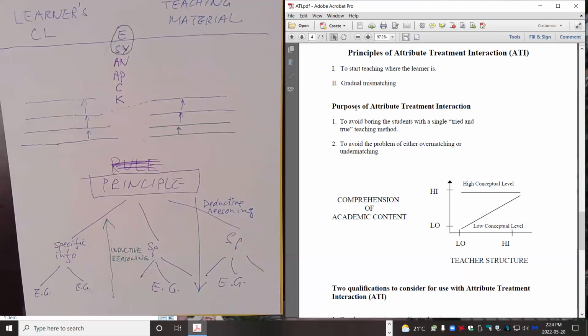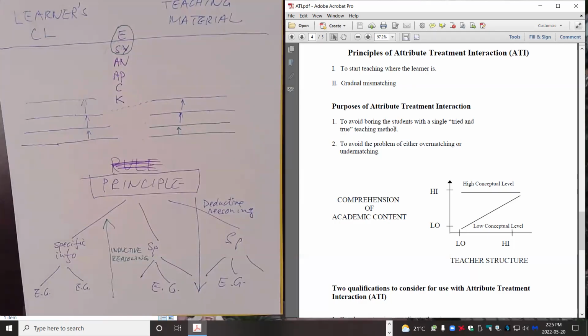Now, take a look at the purposes of ATI. To avoid what? To avoid boring the students with a single tried and true teaching method. So you don't use expository teaching for low level, medium level, high level students. You don't do that, right?